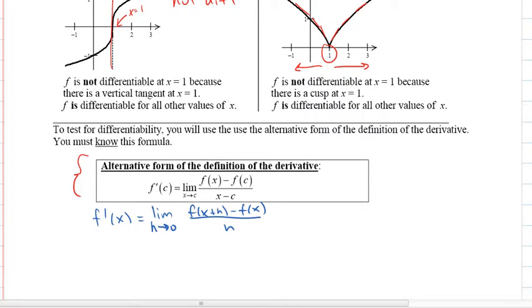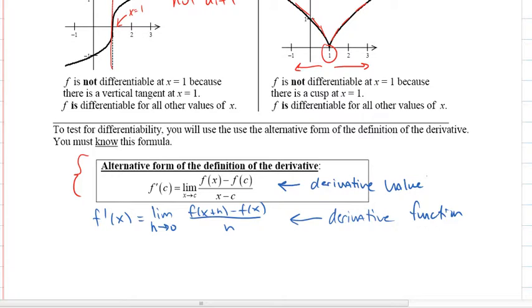Now, these two represent the derivative, except that this bottom one represents the derivative value. Okay? In other words, you get a number.